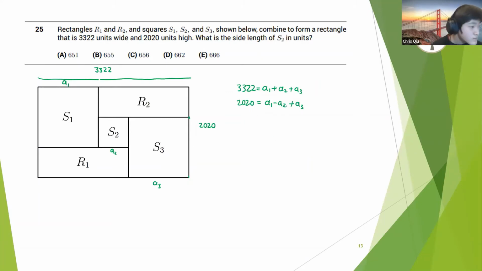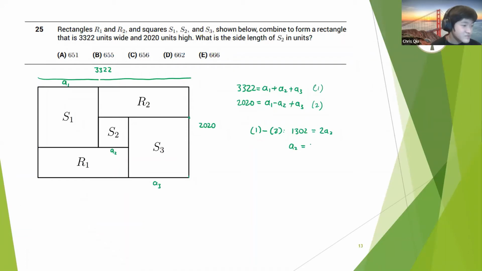So the way we can find a2 is by noticing that if we subtract the second equation from the first, so rather equation 1 minus equation 2, we get that the difference 3,322 minus 2020, which is 1302, is equal to 2a2.